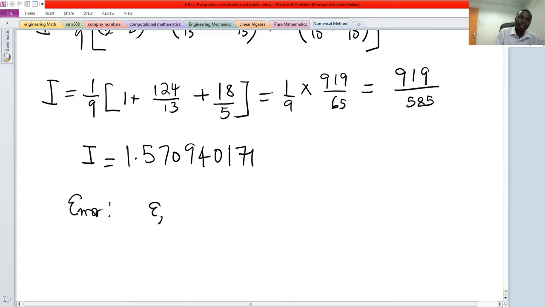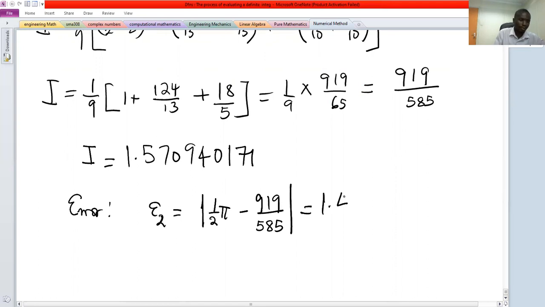So error, if we call it E2, will be exact value, a half pi, minus this approximation 919/585. We'll get 1.43844145 times 10 raised to minus 4.